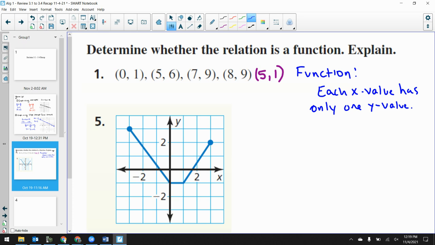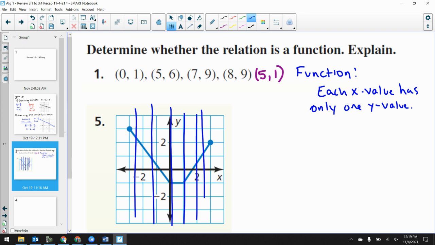What is this thing that I'm doing here? Oh, the vertical line. Does each of those vertical lines hit once and only once? Yes. So it is a function, and why? It's because it passes the VLT.